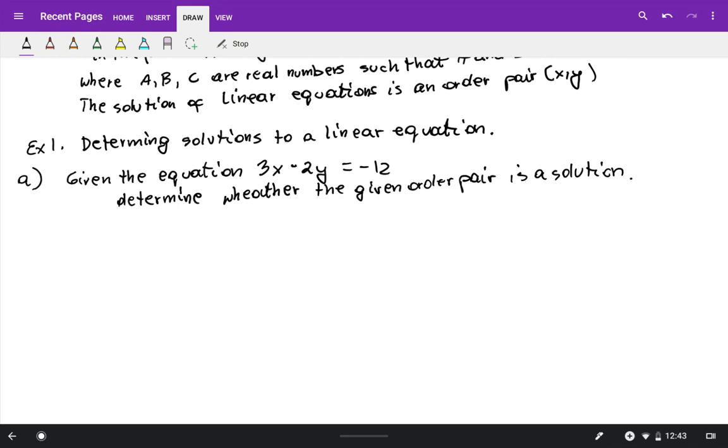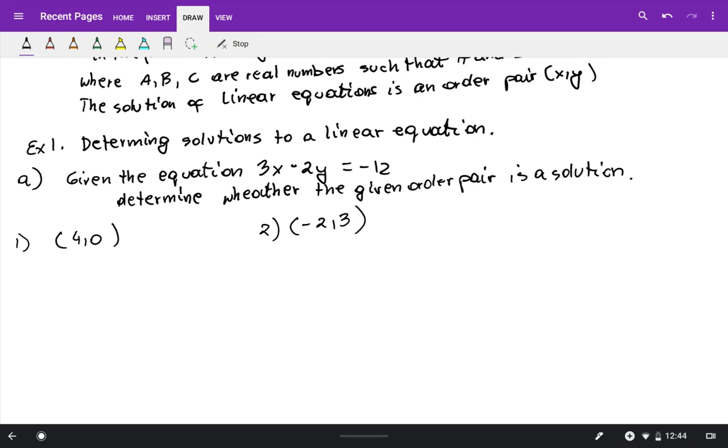For number 1, they give you 4 comma 0. For number 2, they give you negative 2 comma 3.